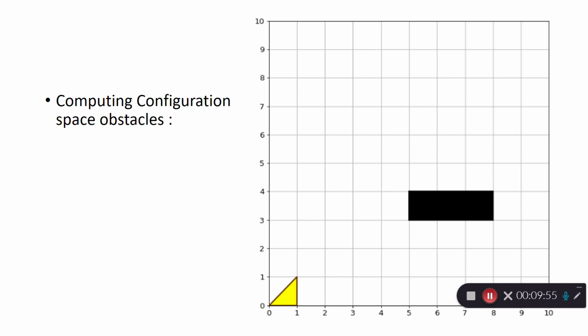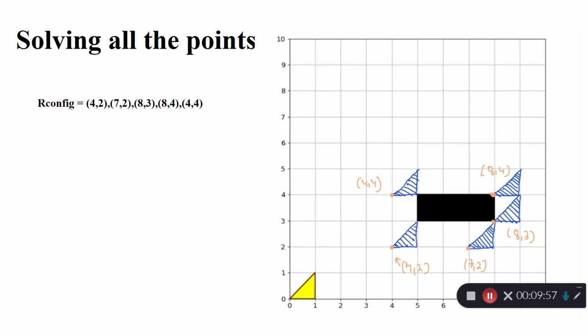The robot is moving from 0,0 to 4,2, where it touches the lower bottom of the rectangular section, and then it goes right across to 4,4, where the motion continues, and from 4,4 to 7,7 and 7,2 it moves linearly.